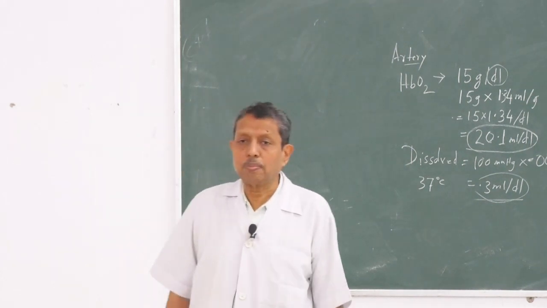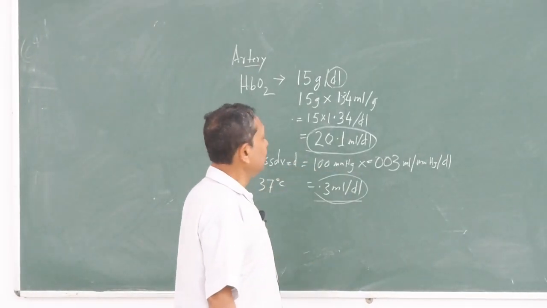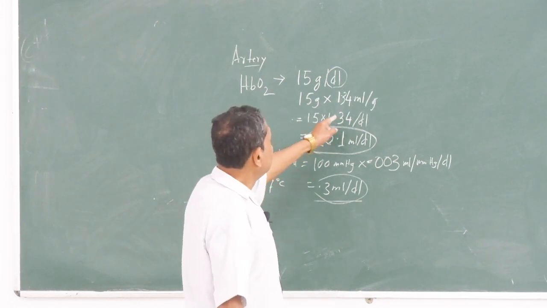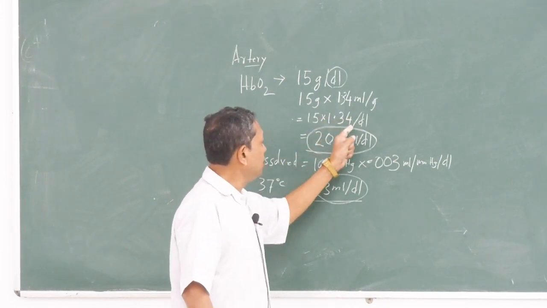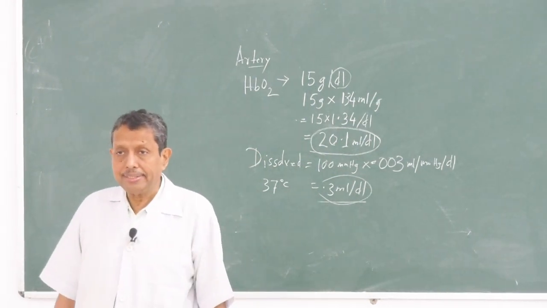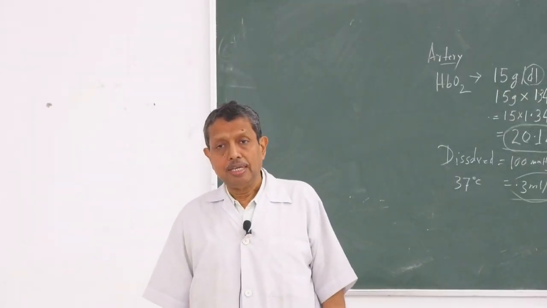And in the mixed venous blood, the value is lower. Mixed venous blood is 75% of this value, because the PO2 is 40 millimeter of mercury, at which it is 75% saturated.